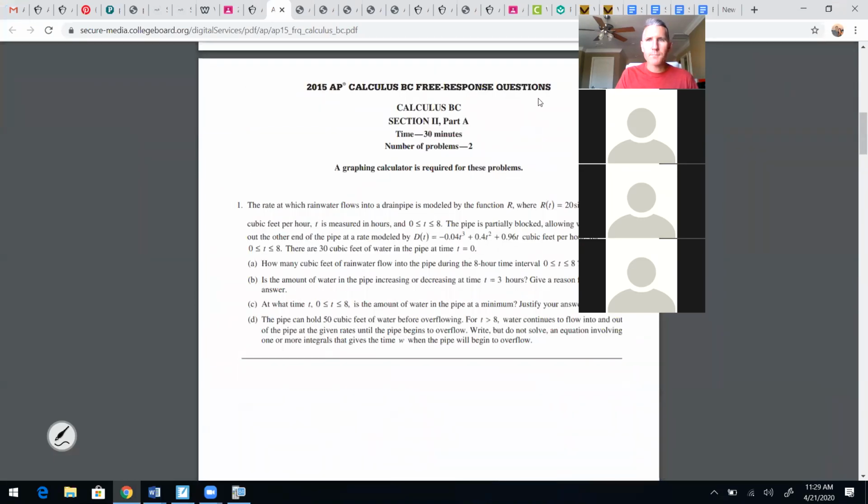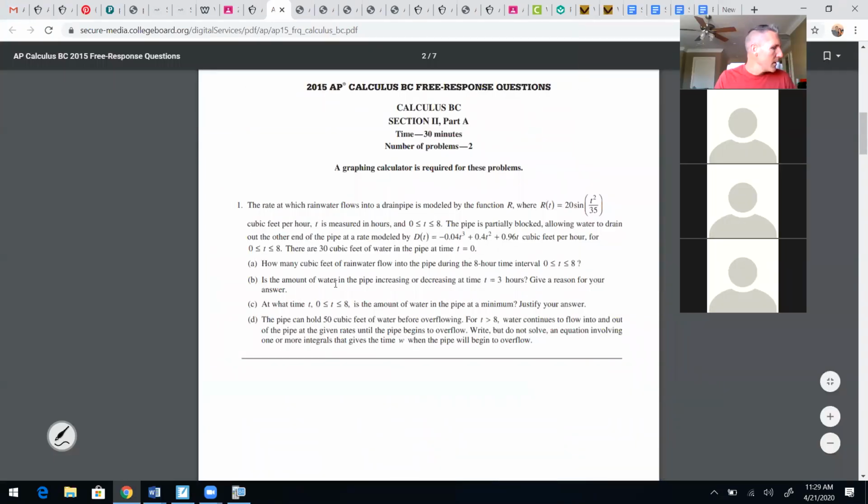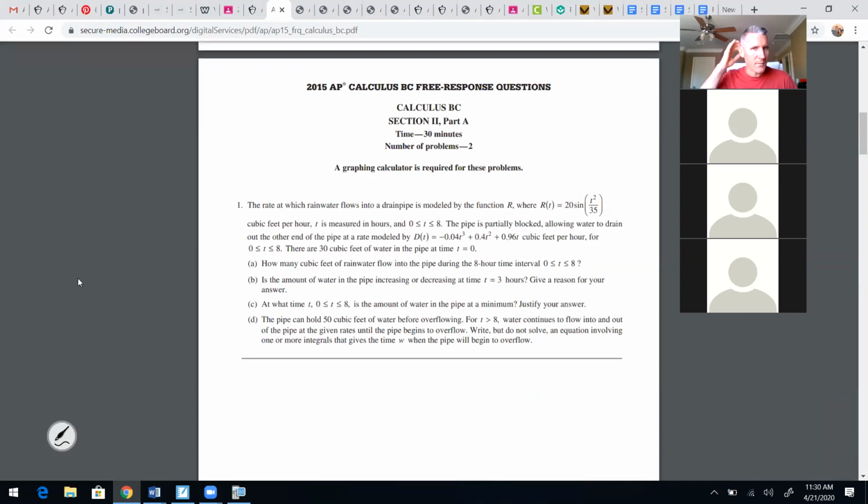And I want you to do problem 1, the rate at which rainwater flows into a drain pipe. The pipe is partially blocked, allowing water to drain out the other end of the pipe at a rate, and so on. So you can see it's the same type of problem.